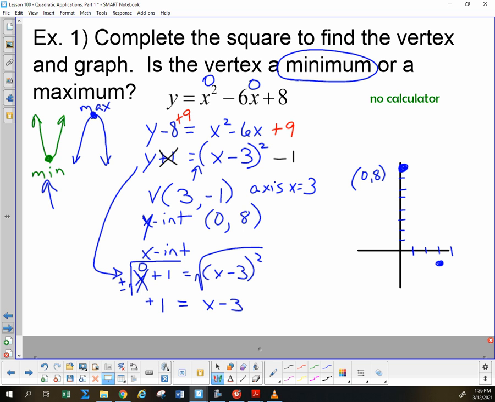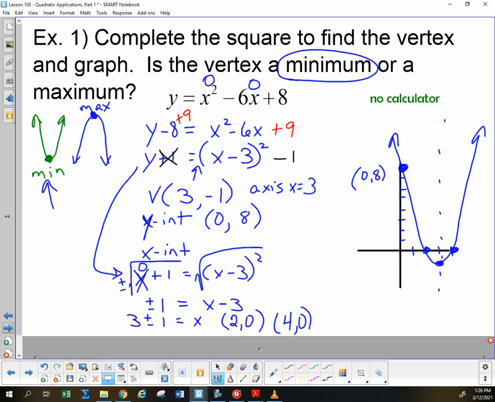Add 3 to both sides, which means that my x-intercepts will be 3 minus 1 is 2, 3 plus 1 is 4. So (2, 0) and (4, 0). So my parabola must be looking something like this, with this being my axis of symmetry going through the middle of that one.